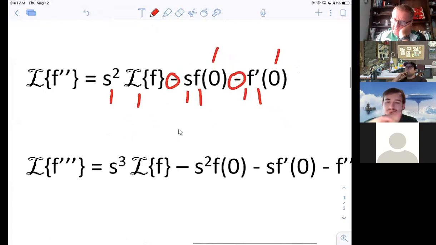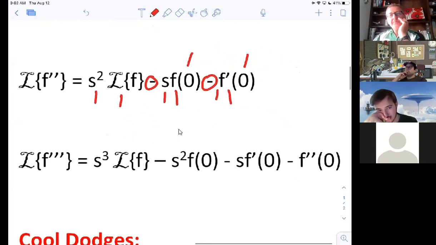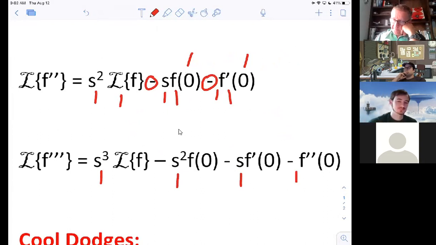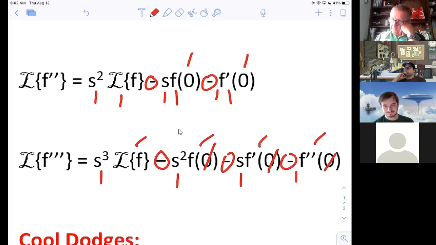Do you see that pattern here? Isn't that what we just said? Again, I'm using f here for function instead of y for function, but it's the same logic. Again, slow down, s cubed, s squared, s to the first, s to the 0th. Integral f prime, f double prime, minus, minus, minus, always 0, 0, 0.